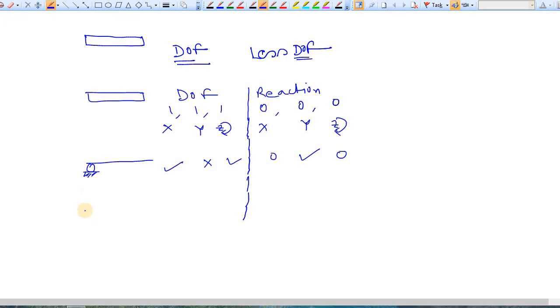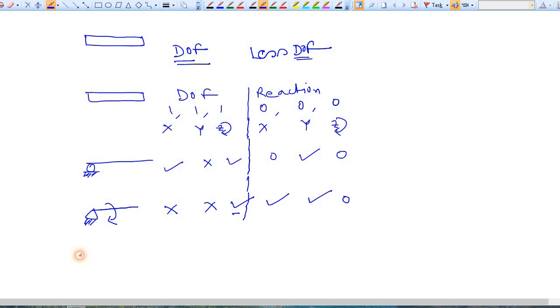Now what about the pin support? Towards x no movement allowed, towards y no movement allowed, and what about rotation? Yes, rotation is allowed. So of course for x direction it will have reaction, for y direction it will have reaction, but as rotation is allowed, no reaction will be there.